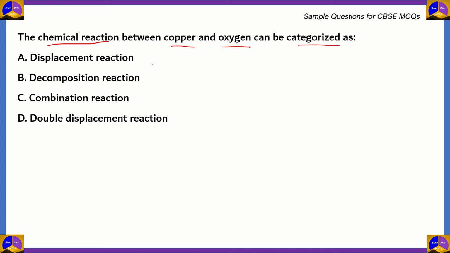So what is a displacement reaction? In a displacement reaction, an element is displaced by another from its salt solution. For example, CuSO4 + Fe gives FeSO4 + Cu. That is a displacement reaction.